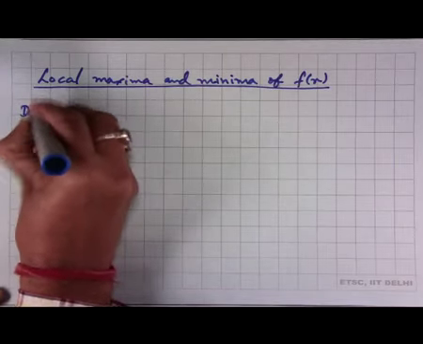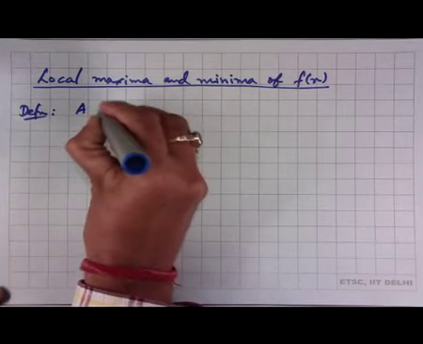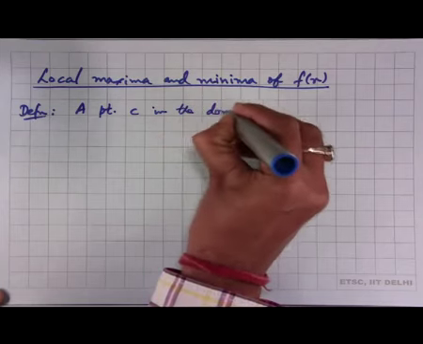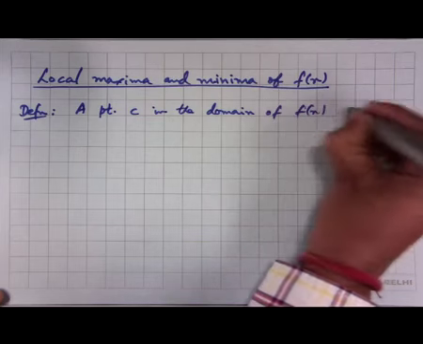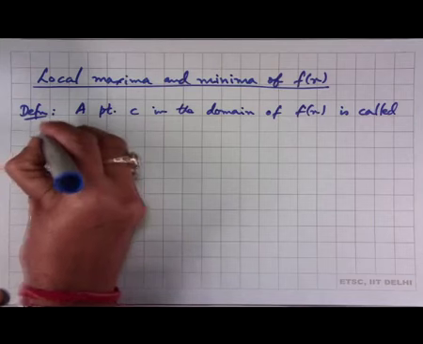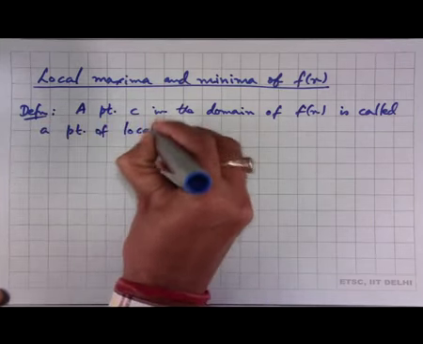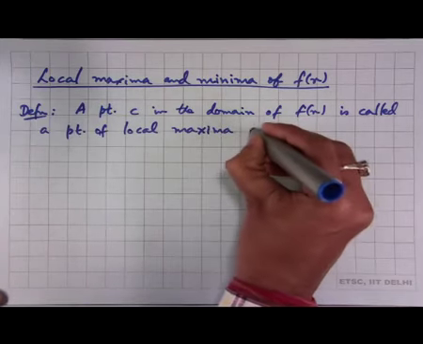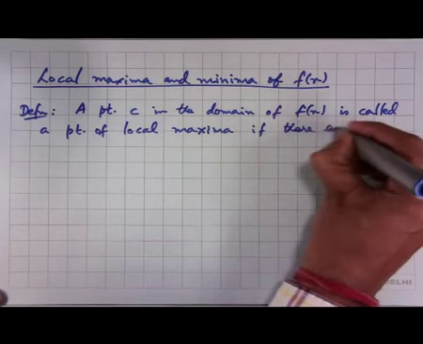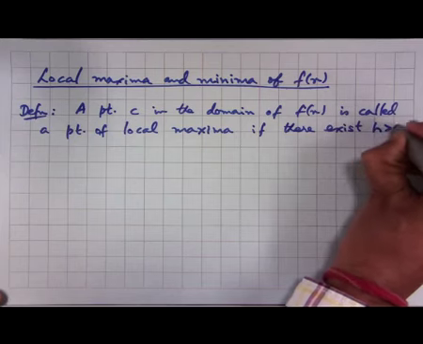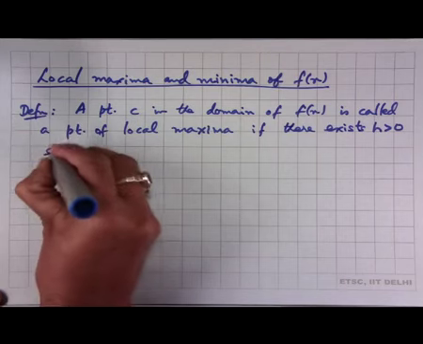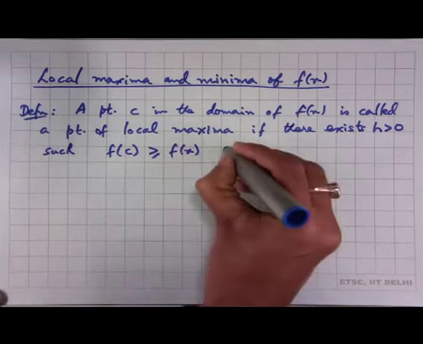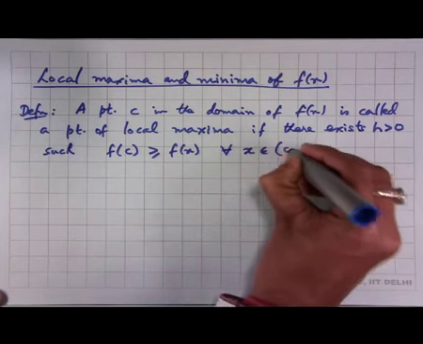A point c in the domain of f of x is called a point of local maxima if there exists some real number h positive such that f of c is greater than or equal to f of x for all x in the open interval c minus h to c plus h.